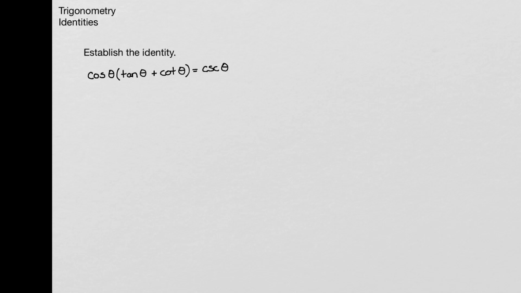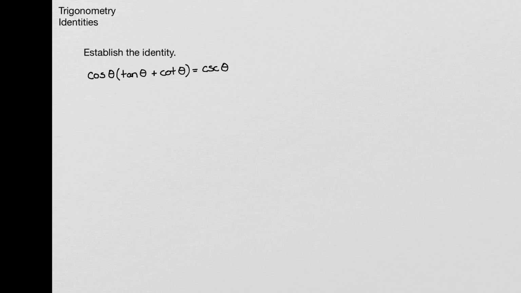So here we're going to transform cosine theta times the quantity tangent theta plus cotangent theta, and step by step show how that leads us to the cosecant of theta. Keep in mind when you are showing a proof of an identity that you need to show all of the steps.